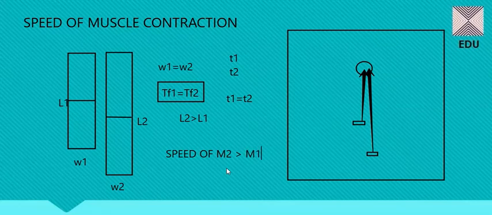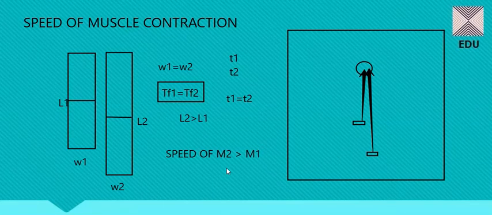That was the concept that you have to learn from these examples. If you have two different muscles of two different widths, the more the width, the more will be the speed of contraction. That was taken in the previous case. Now in this particular case, you have equal widths, W1 and W2. Tensile forces will be equal due to similar cross-sectional areas.